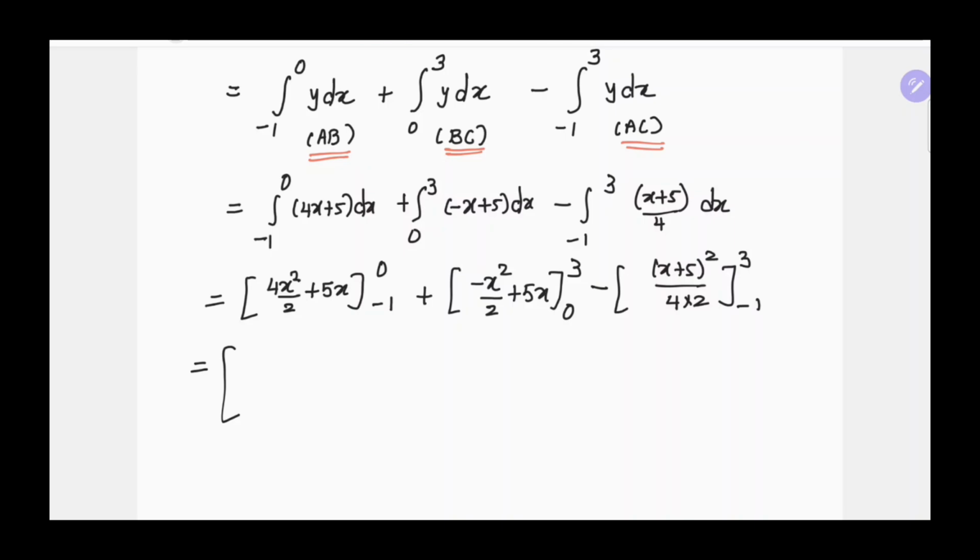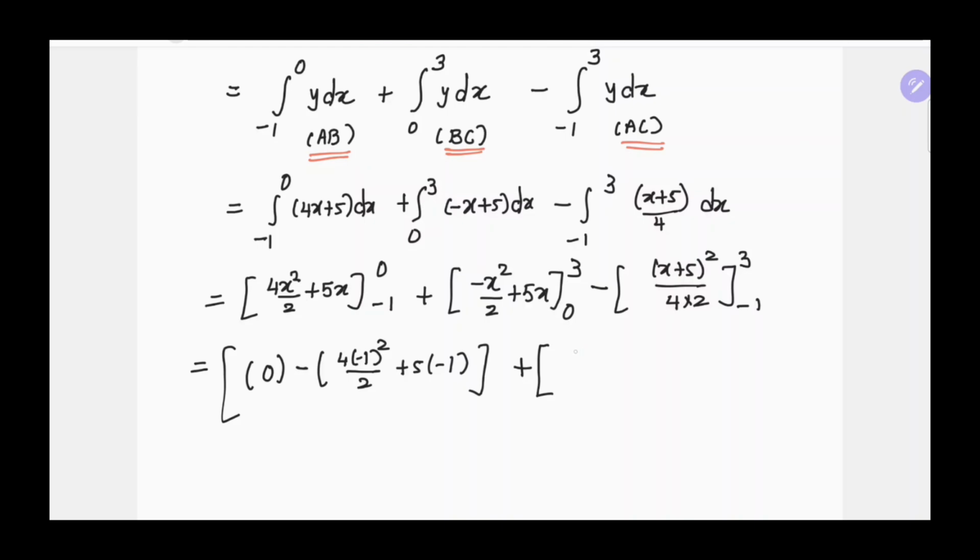Now if I put x equal to 0 in the first place, I am going to get 0, minus, in the second I will replace x by -1, so 4 into (-1) whole square divided by 2 plus 5 into (-1), and do the stepwise calculation.